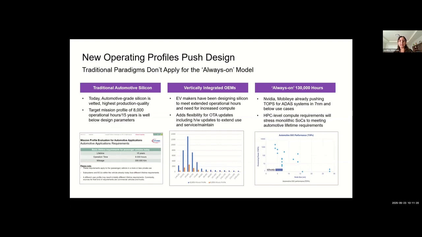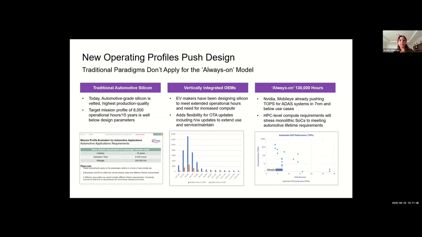And then from a use case standpoint, we don't get any relief there either. Typically, when we talked about, for example, automotive grade silicon, we were looking at a mission profile of about 8,000 hours over 15 years, which was well enveloped by our server profile, which requires a more stringent mission profile.